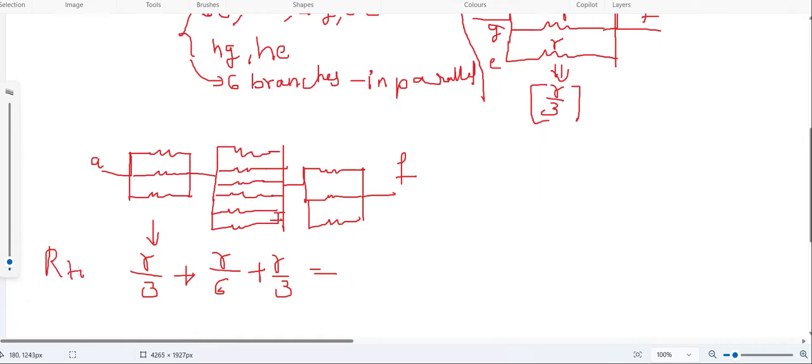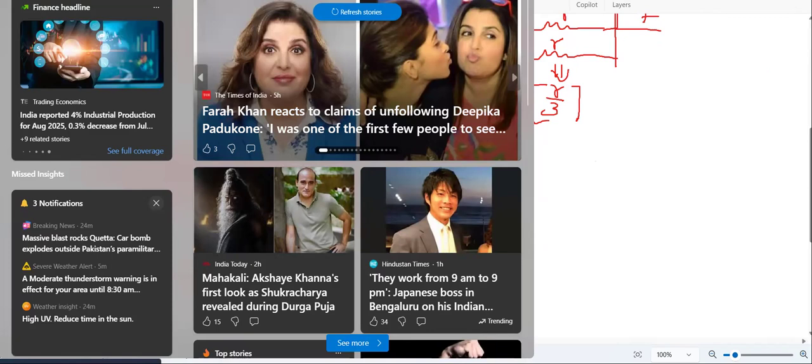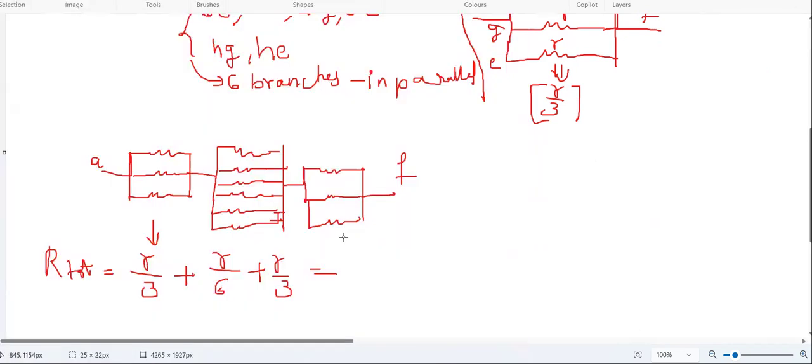So R total is equal to R by 3 plus R by 6 plus R by 3. So it's going to be 2R by 3 plus R by 6.